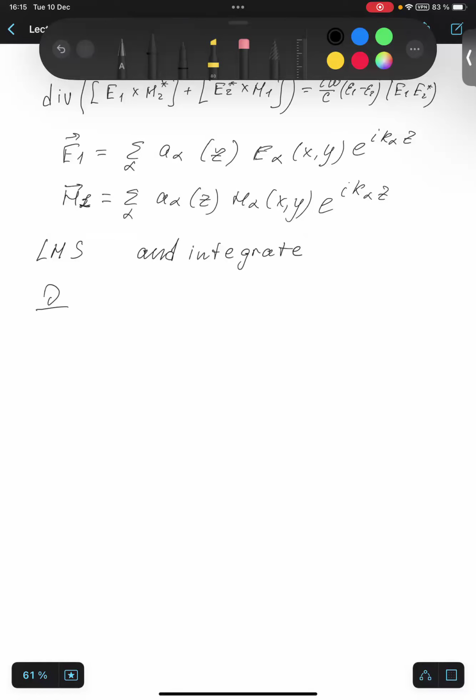What we will obtain: d over dz. This is our result from previous calculations.